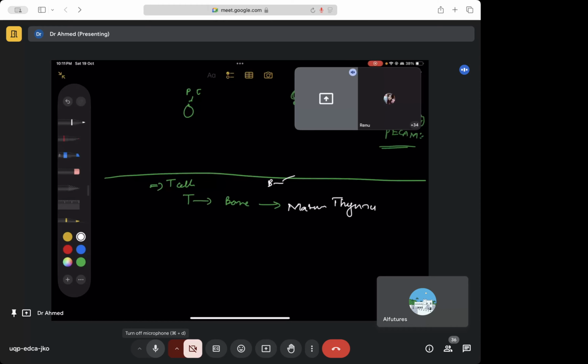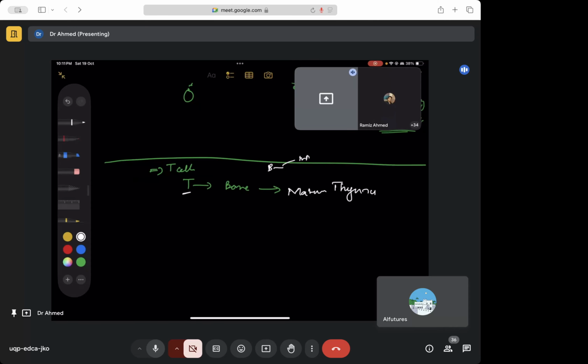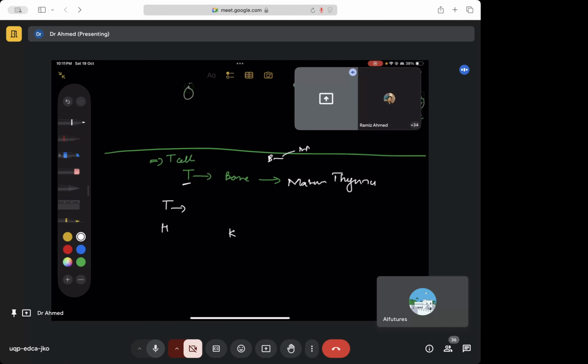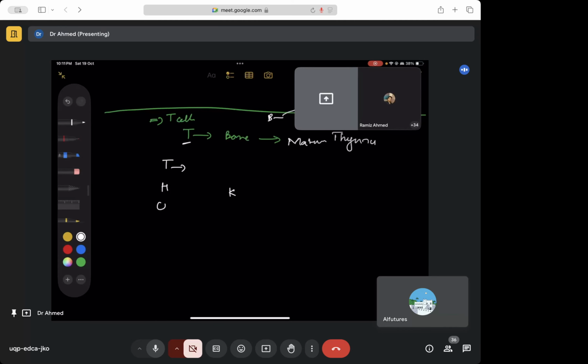B cells are made and matured in bone marrow. T cells are known as T cells because they mature in thymus. Can you tell me the surface markers of T cells, the helpers and the killers? CD4 and CD8 positive.